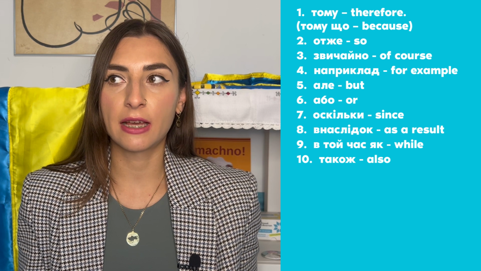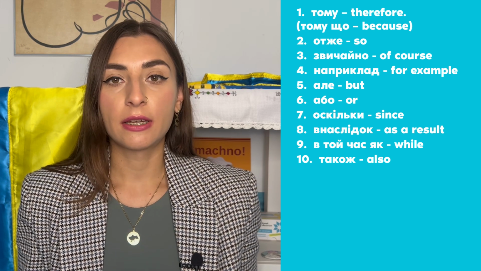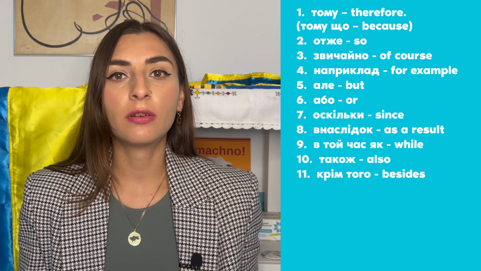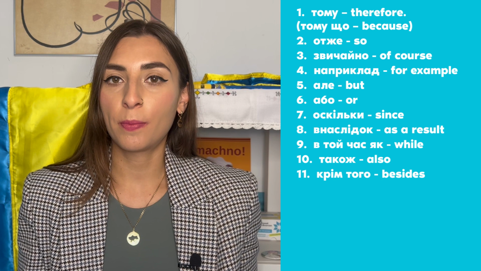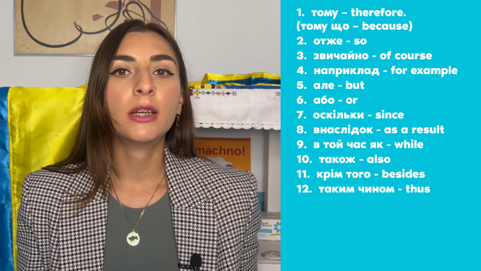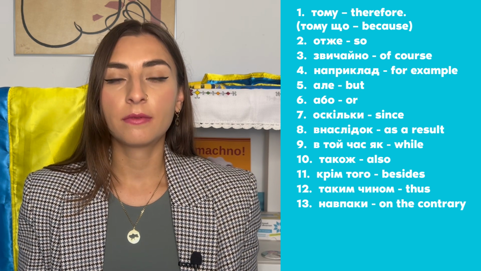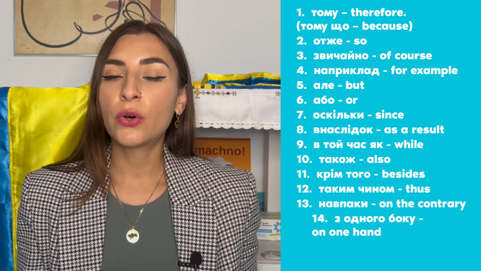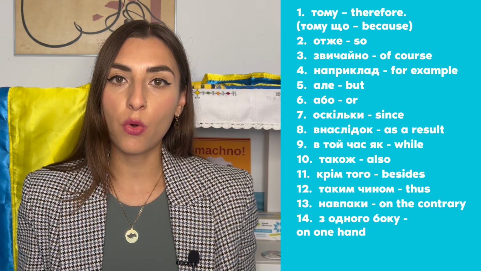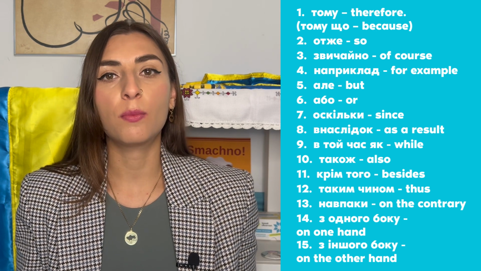By the way, this word has double stress, so you can say також, or you can say також. It is correct. I say також usually. Крім того, besides. Таким чином, thus. Навпаки, on the contrary. З одного боку, on one hand. З іншого боку, on the other hand.